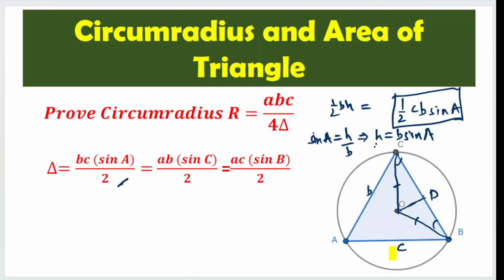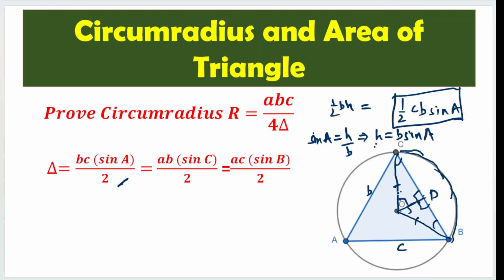What does that mean? This angle is equal to this angle, this angle is equal to this angle, this is 90, that means this is also equal to this. These two angles are the same. Now let's look at this arc BC.